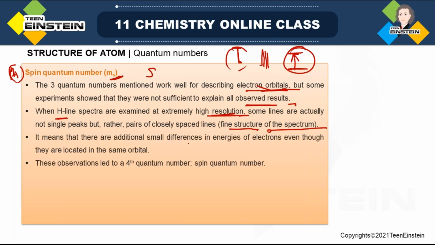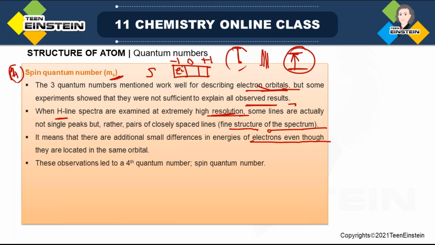It means there are additional small differences in the energies of electrons, and it is a very small difference in energy level, because that is the reason the lines are so close. They are not far from each other. But still we are getting some additional small difference in energies of electrons, even though they are located in the same orbital. You have already seen in the case of ML, suppose just take a p orbital. So there is -1, 0, +1, and in each orbital there are 2 electrons.